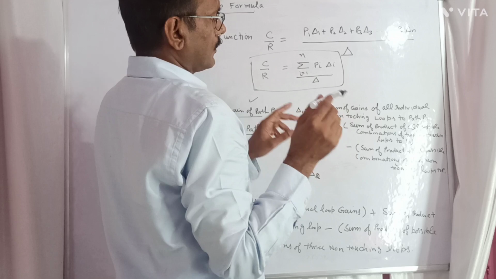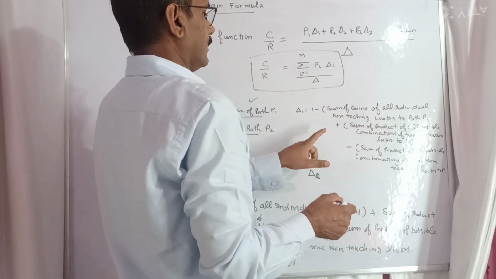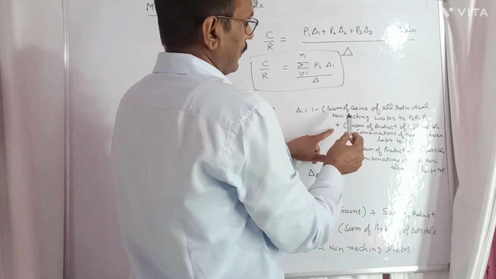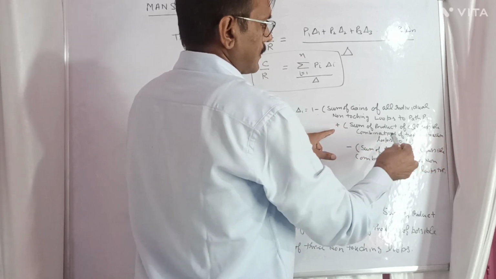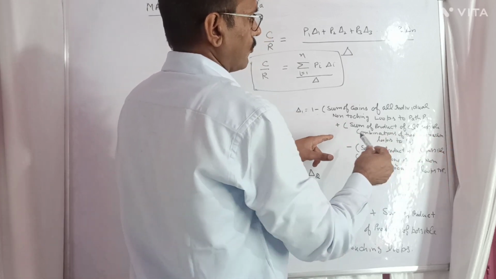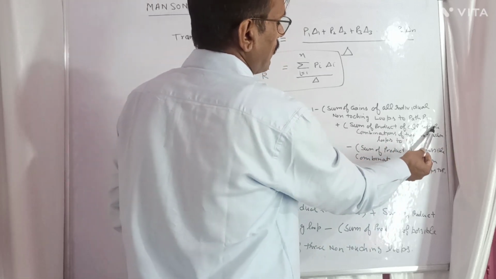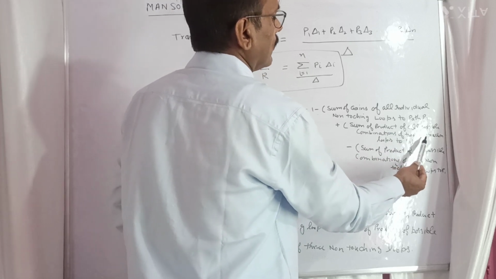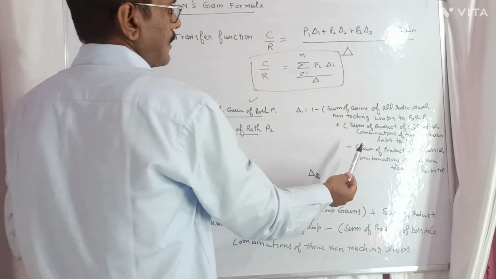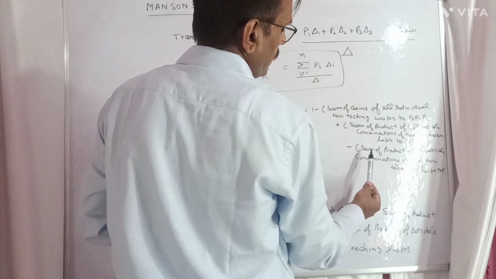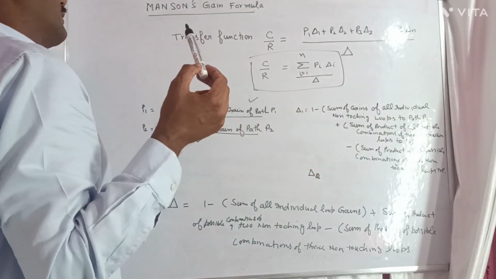The sum of the gains of the loops that do not touch path P1. After this, the sum of products of all possible combinations of two non-touching loops to the path P1, minus sum of product of all possible combinations of three non-touching loops to the path P1.